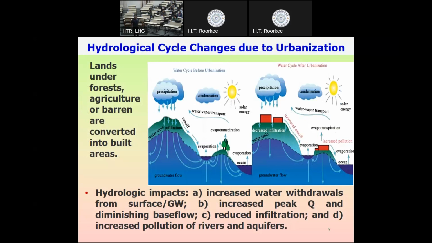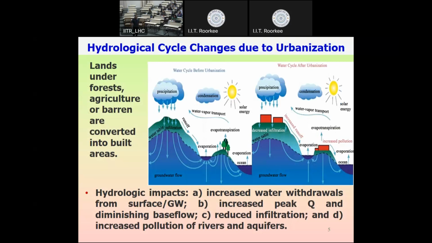So water vapor moves from one place to other in the atmosphere. When the conditions are favorable, there will be precipitation at some place. The precipitation falls on the land surface. Some water infiltrates, some water runs off. The water that infiltrates enters into the groundwater zone. It may percolate deeper, it may come out and enter some water bodies like lake and pond.